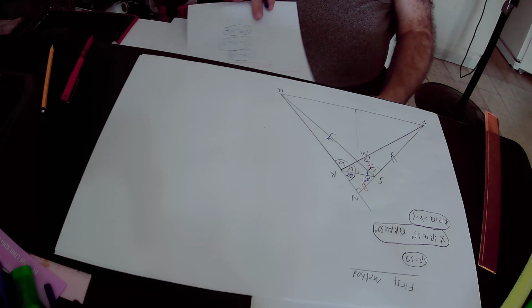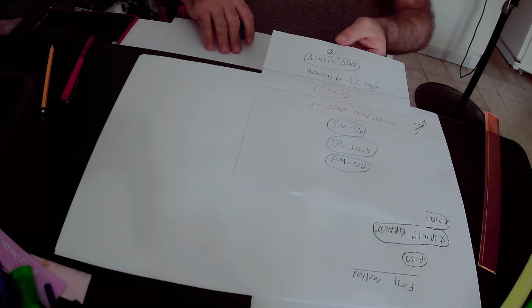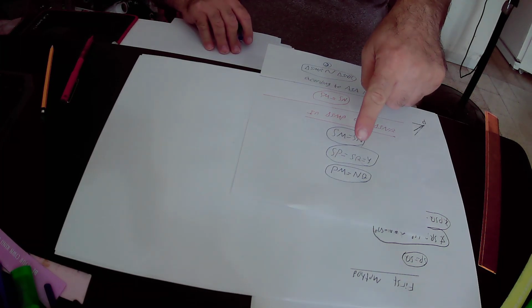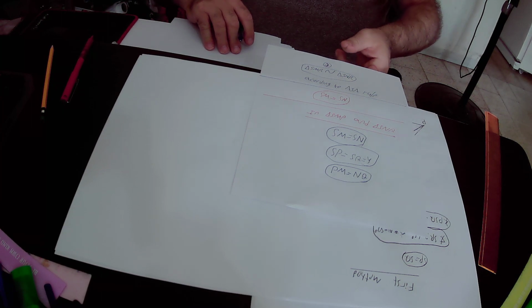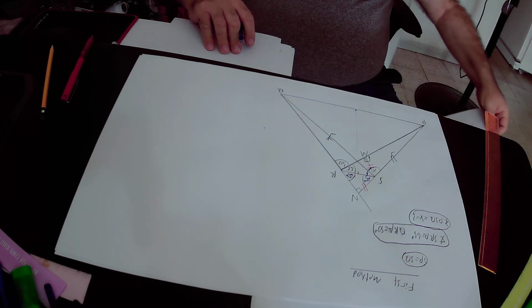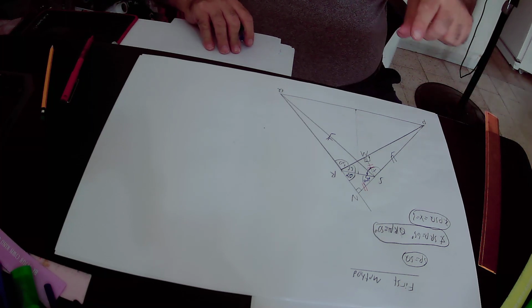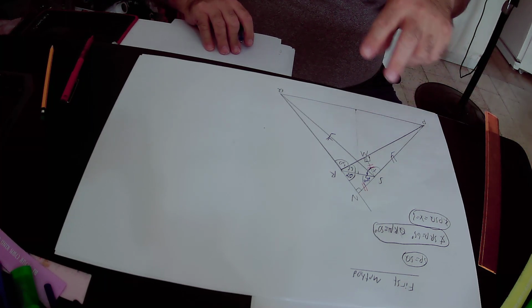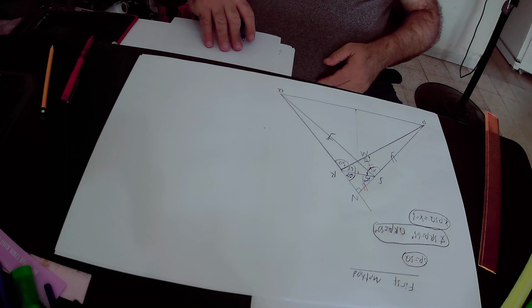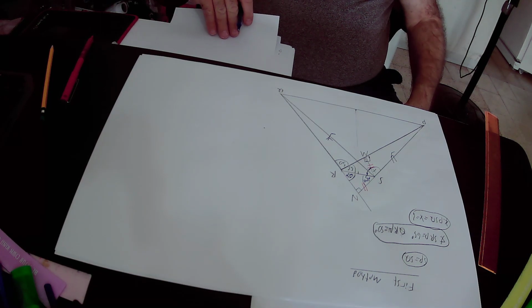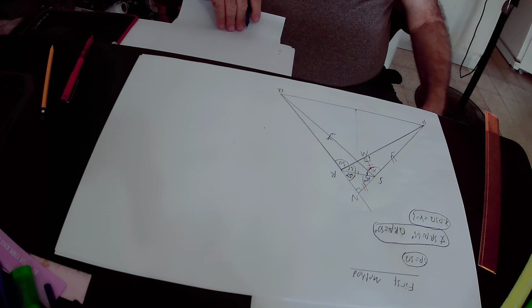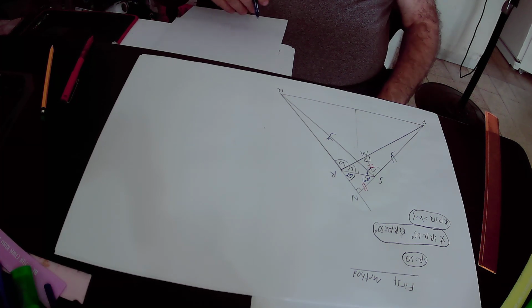Okay, we will prove that PM equals NQ. You should remember that both triangles are right triangles, so we can use the Pythagorean theorem in order to calculate the sizes of PM and NQ.